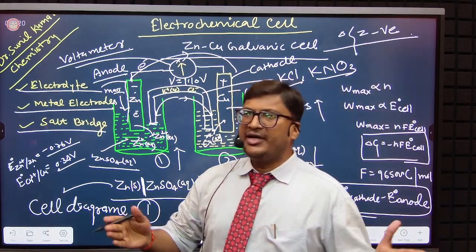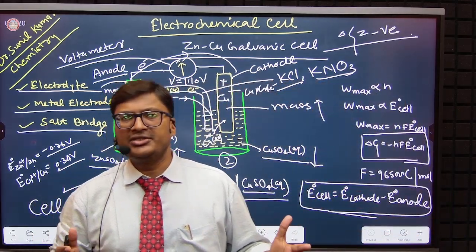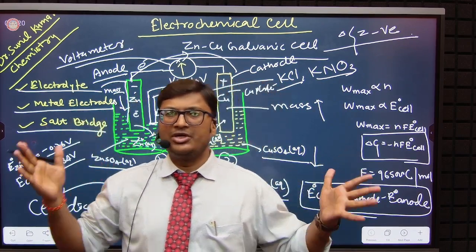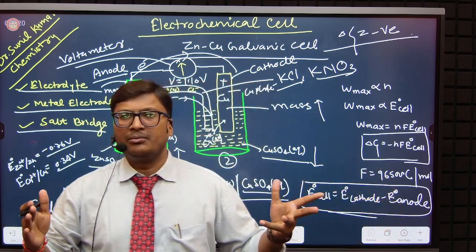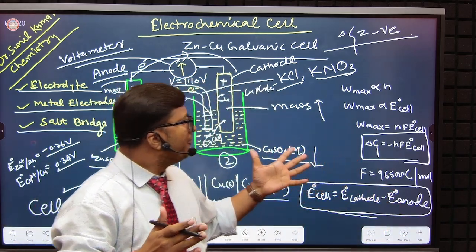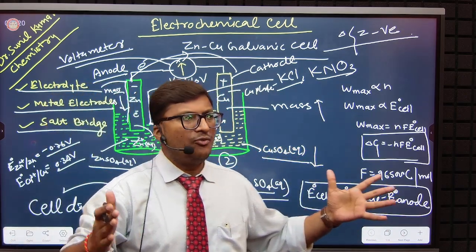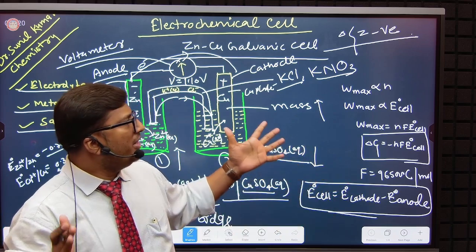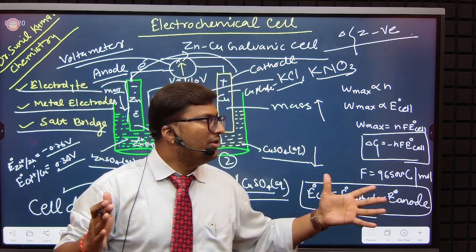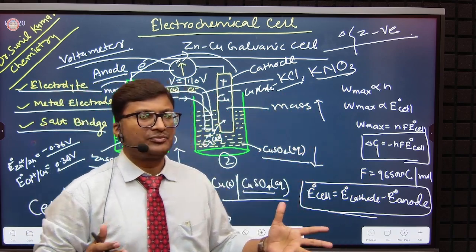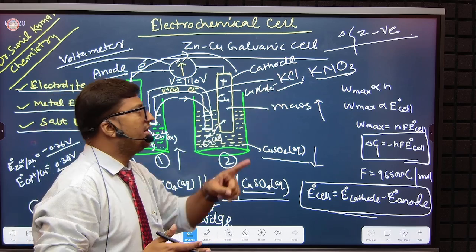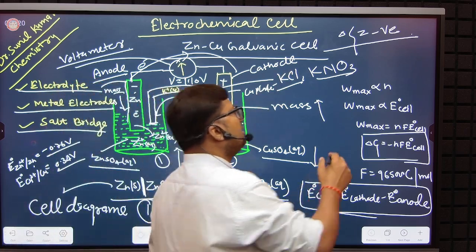If delta G is negative, this electrochemical cell setup performs some work, and the work obtained is because of the reduction of the Gibbs free energy. So delta G is negative for spontaneous reactions.